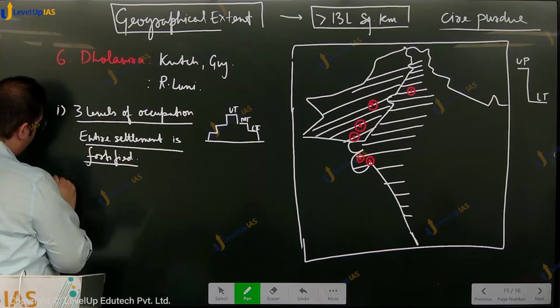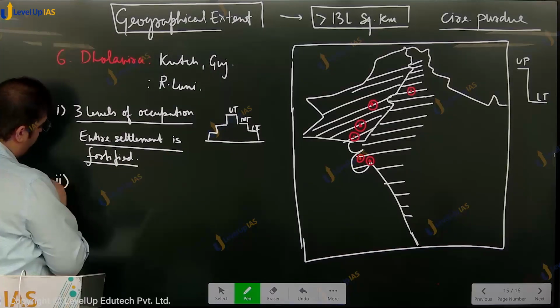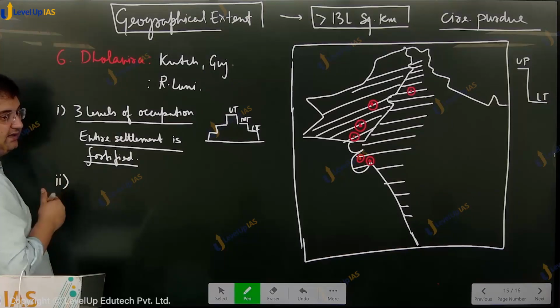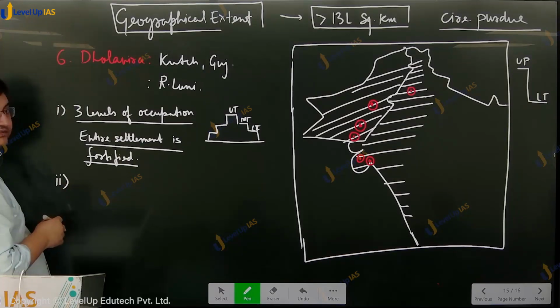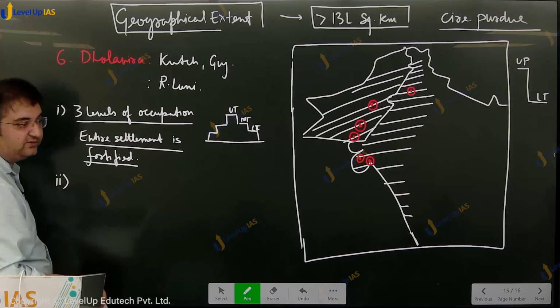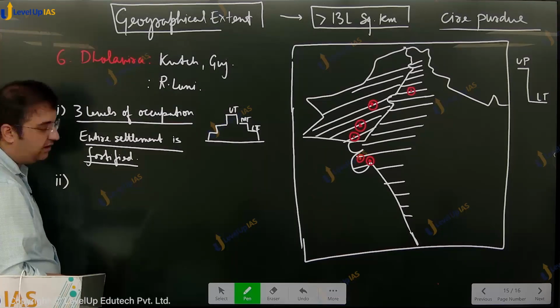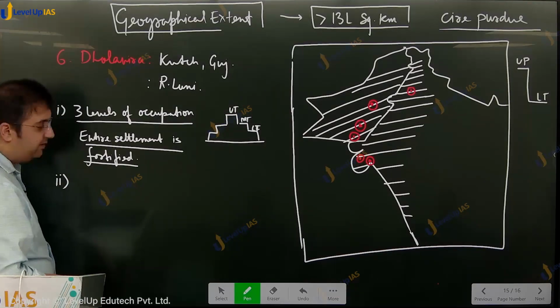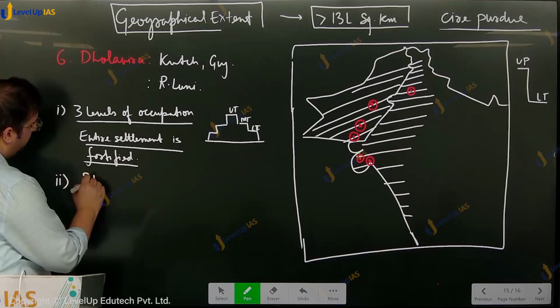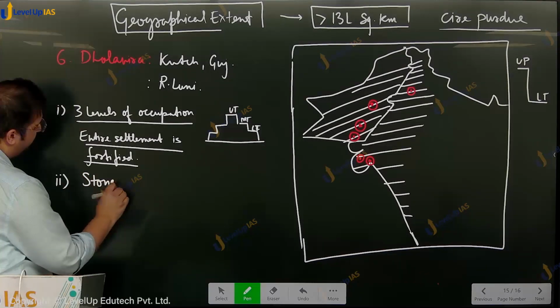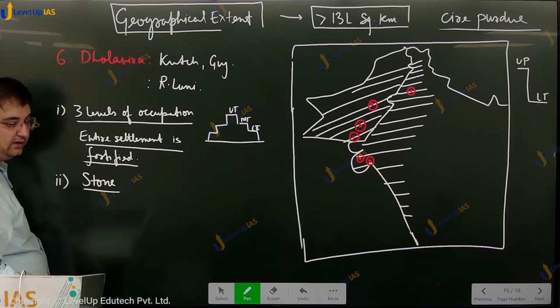Another way in which Dholavira bucks the trend of Harappan city planning is in the use of the construction material. At other places, what is the construction material ordinarily used? Burned bricks. At Dholavira, burned bricks were not present and stone was exclusively used for construction.